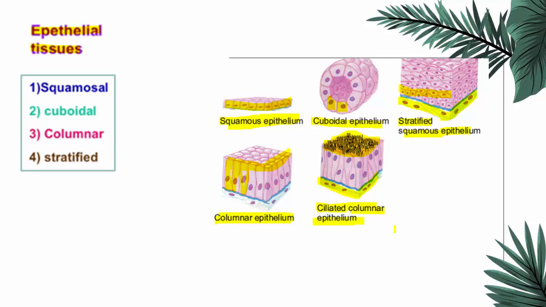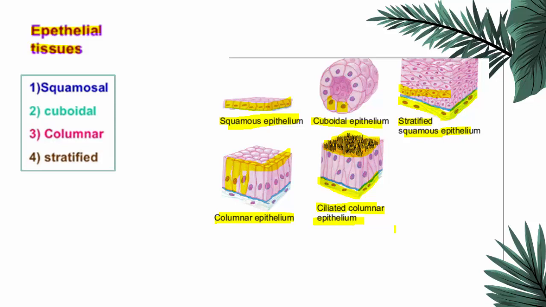The entire respiratory tract, nasal passage, trachea, branches of trachea, they are having ciliated epithelium. It helps in the filtration of air that passes through the different parts of respiratory system before reaching the lungs.